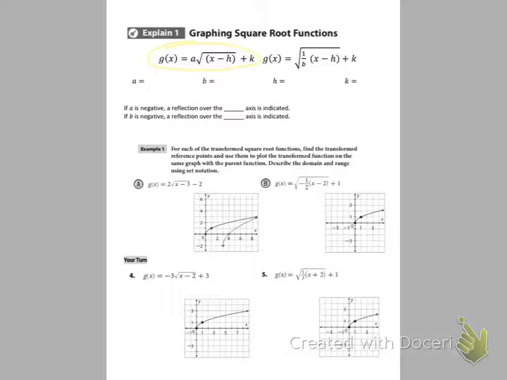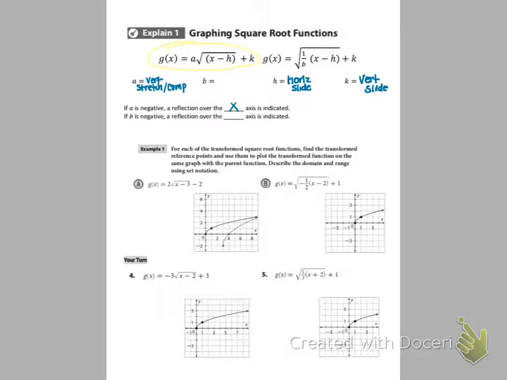And each of those letters, H and K and A, represent those same things they've always represented. The H always represents the horizontal slide, K the vertical slide, the A would indicate a vertical stretch or compression, and if A is negative, it would mean it's reflecting over the x-axis.